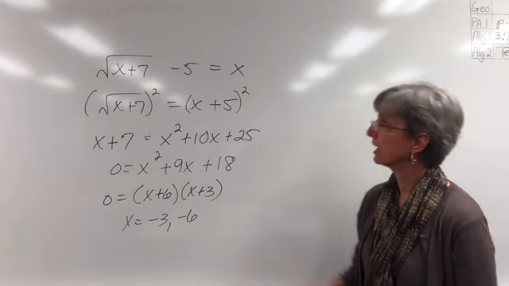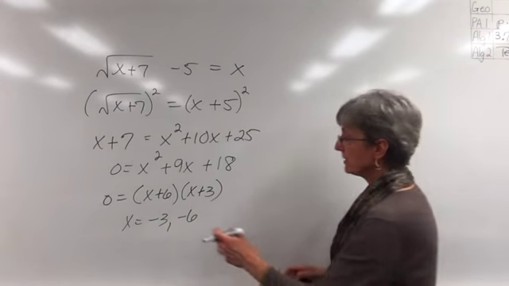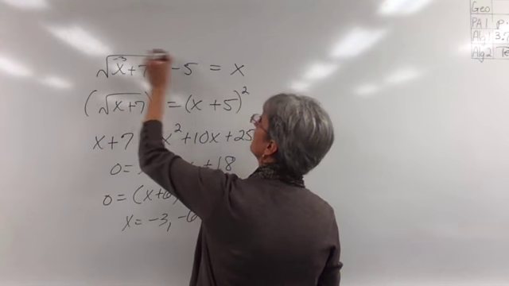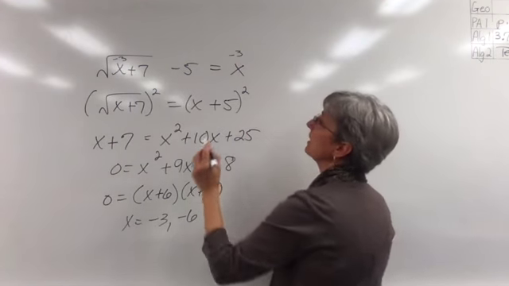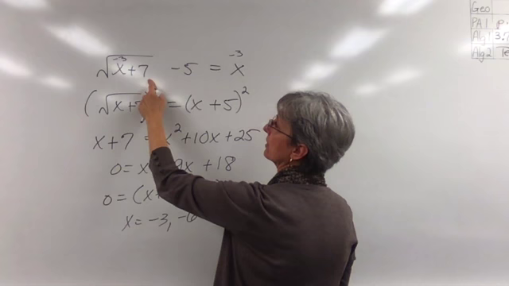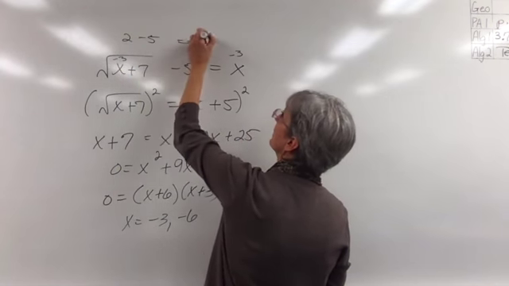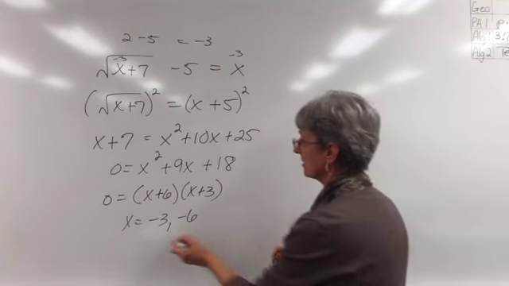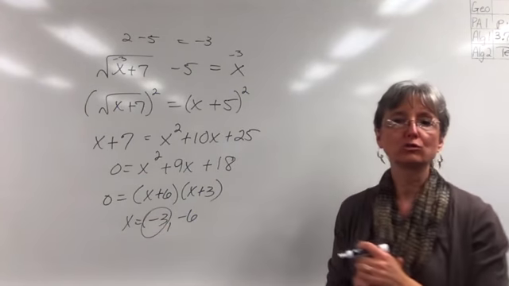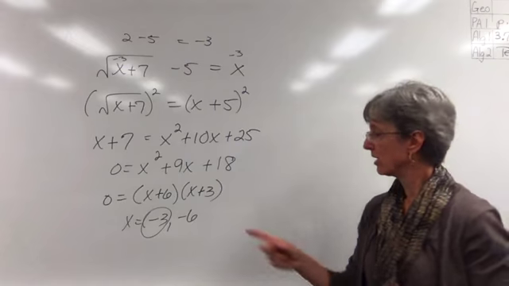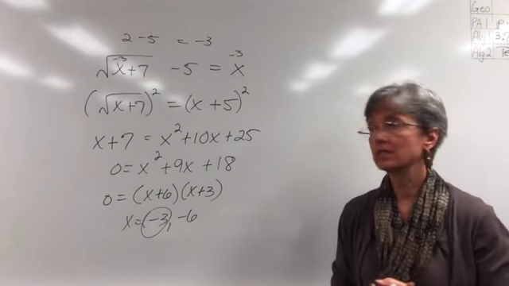So let's check -3. If this is -3 and this is -3, then this is the square root of 4, or 2, is 2 minus 5, -3. Yes, -3 is a solution. Nice. Okay, what if x is -6?